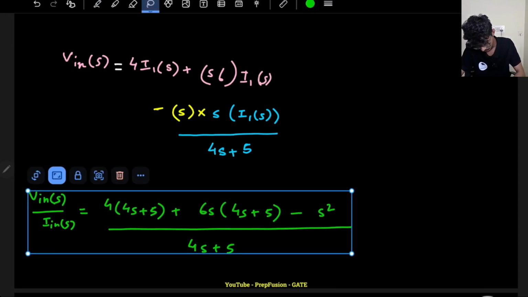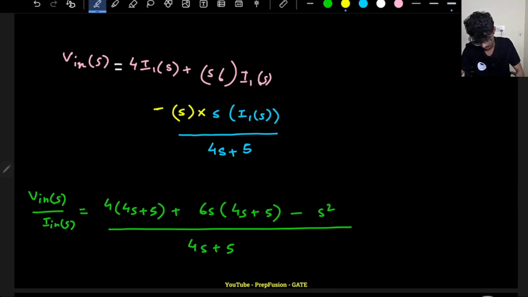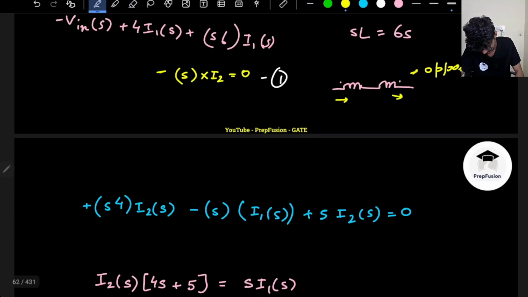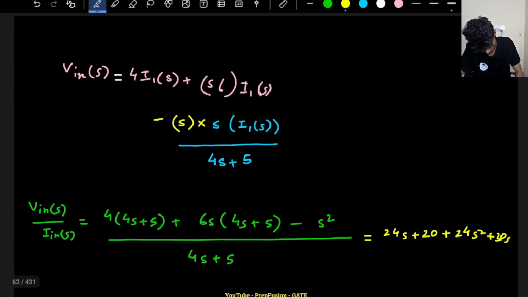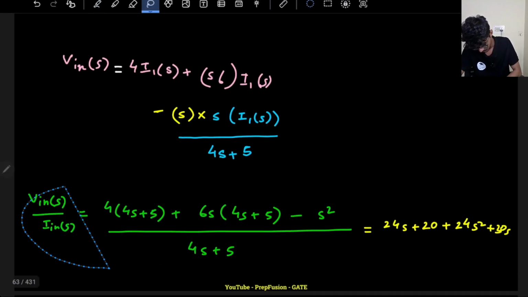So this value will be 24S plus 20 plus 24S square plus 30S. Am I doing anything wrong here? I'm just trying to check. It is fine, I guess.